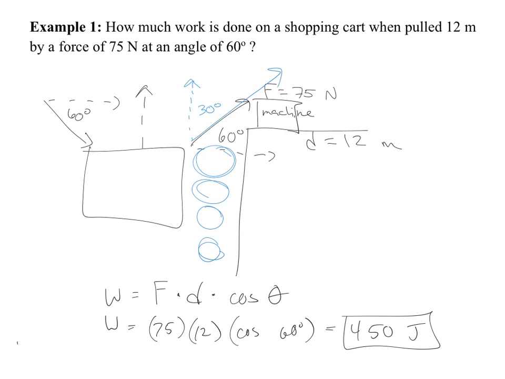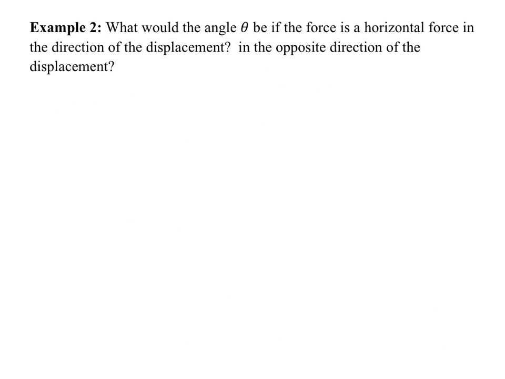All right, the next thing I want to talk about is the concept of an object being pulled, but friction acting against it. So what would the angle theta be if a force is a horizontal force in the direction of displacement? What if it's in the opposite direction of displacement?